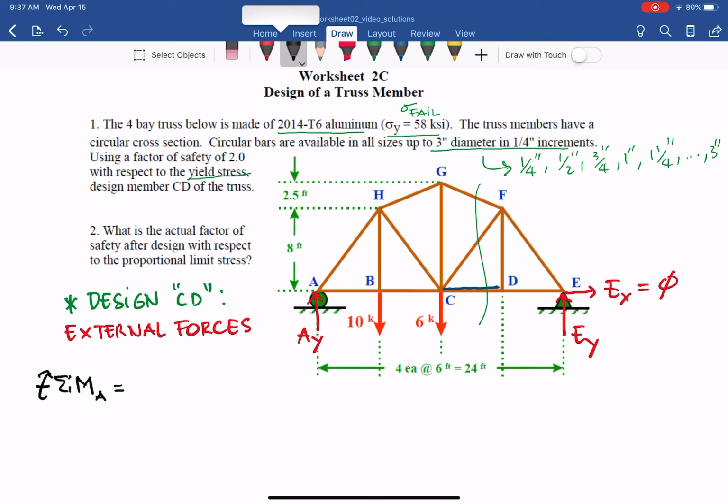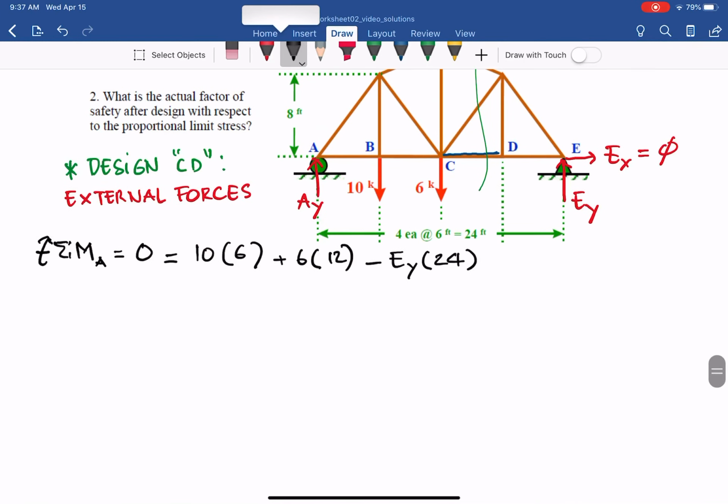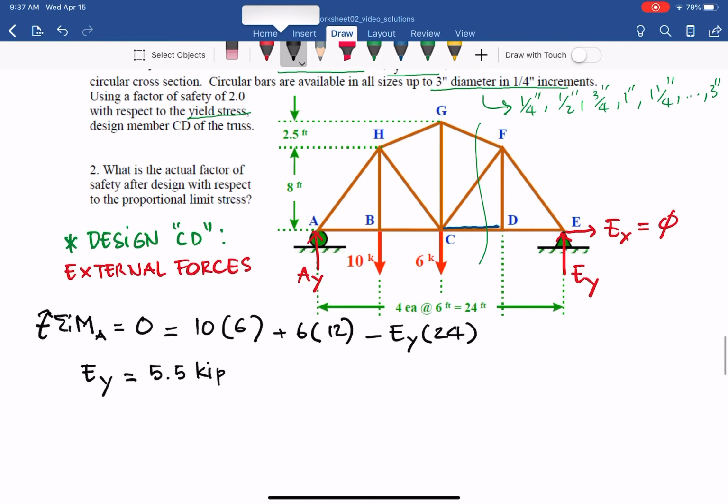I assume clockwise is positive: sum of moments about A equals 0, so you have 10 times 6, plus 6 times 12, and EY negative because it is counterclockwise, times 24. From that we have EY equal to 5.50 kips, with kips going up positive.